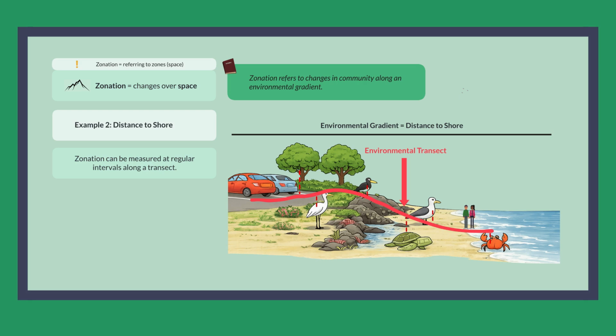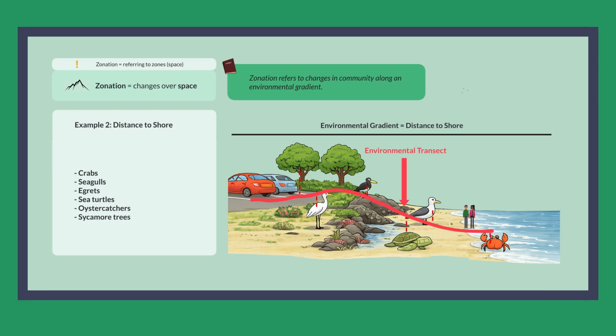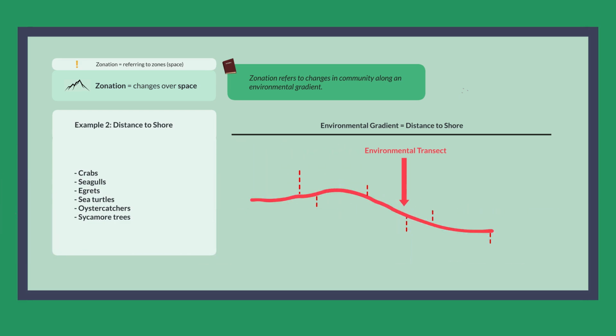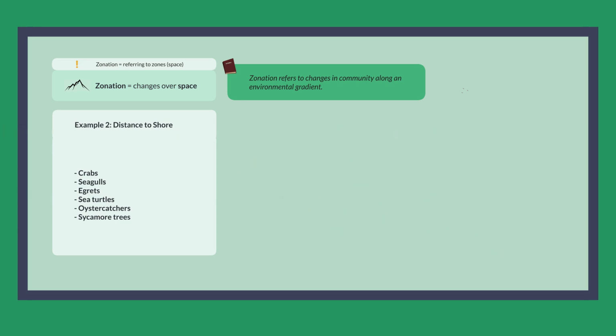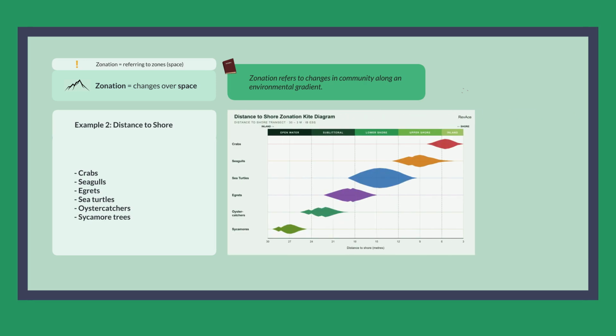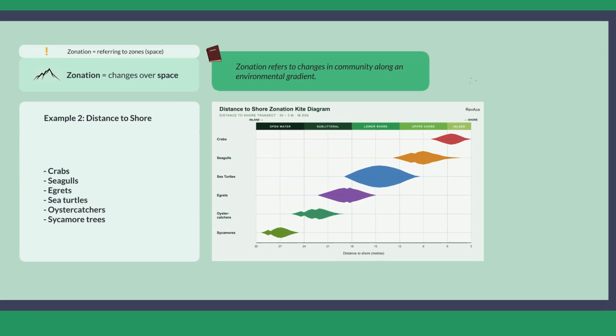So, along our transect here, we have the following organisms living: crabs, seagulls, egrets, sea turtles, oystercatchers, and sycamore trees. So, using a transect, we can then record exactly where these animals live along our environmental gradient, distance to shore. Once you have collected this data, you can then plot this on a kite diagram, which you, for the exam, need to be able to read.